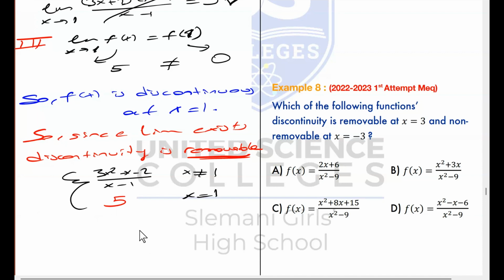Alright, so your graph was something like that, and there was a gap at x equals 1, a hole at 1, and there was a point. The function was defined at 0. What did we do by redefining the function?